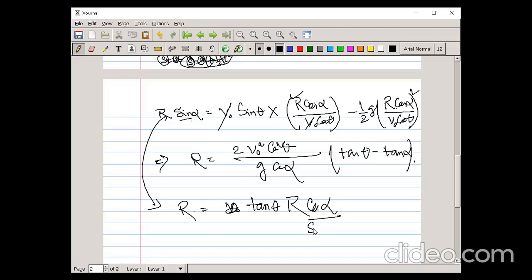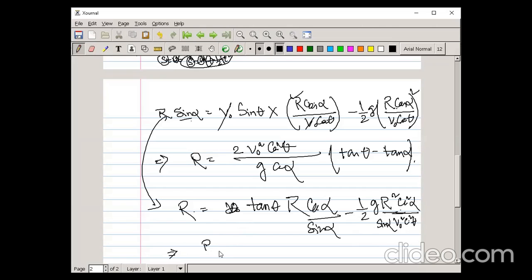Minus half of g r square cos square alpha divided by v0 square cos square theta, and this sin alpha is there, so just put that value here, sin alpha.